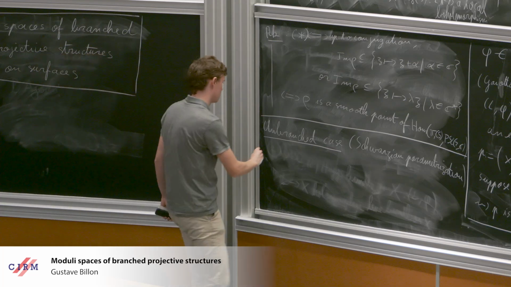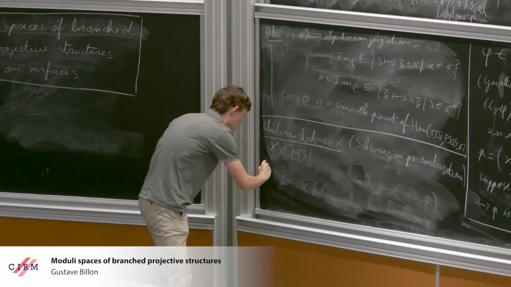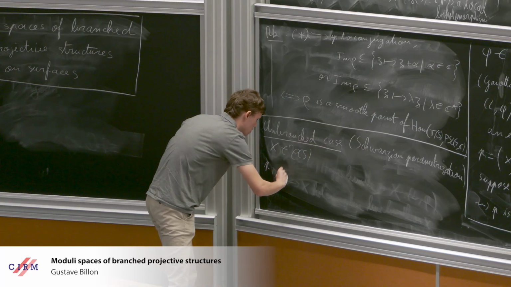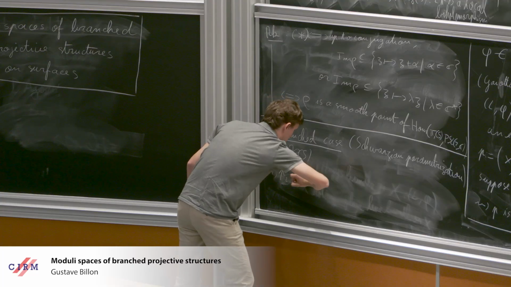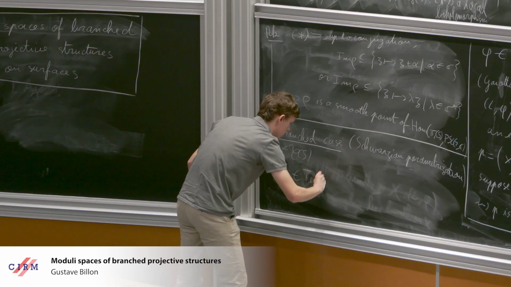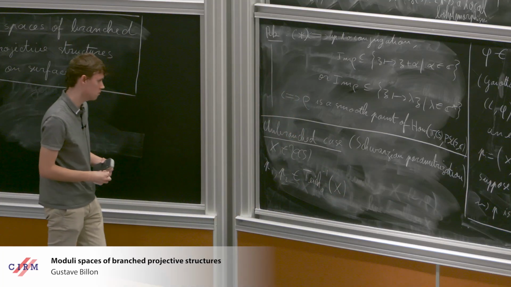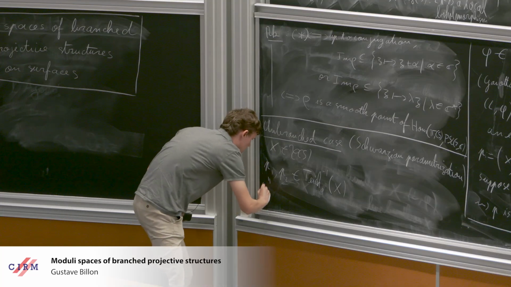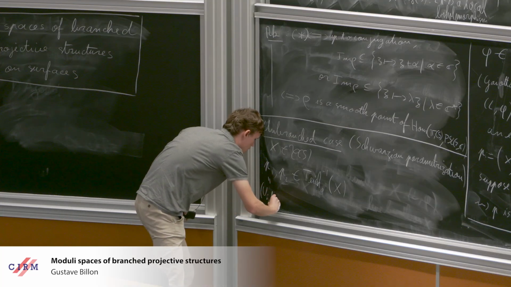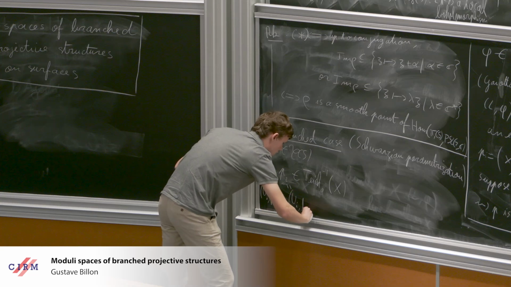So I fix a complex structure, and I take two projective structures on X, in the fiber of Teich 0 above X. And P1 is given by an atlas (Ui, fi), and P2 by an atlas (Ui, hi).